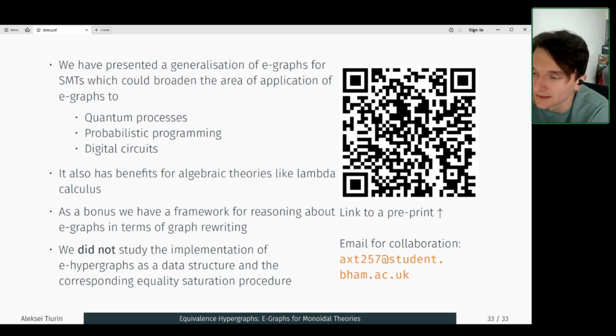However, we didn't study any realization properties of hypergraphs as a concrete data structure and formulate the corresponding equality saturation procedure. So hopefully this is something that we can discuss, as well as the potential practical value of this formalization.